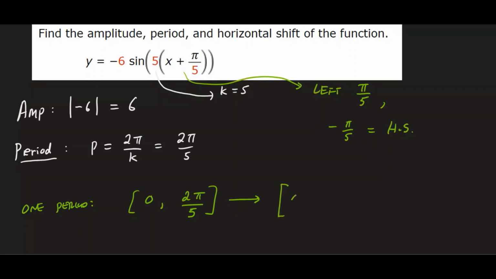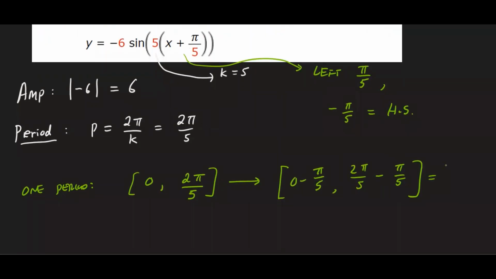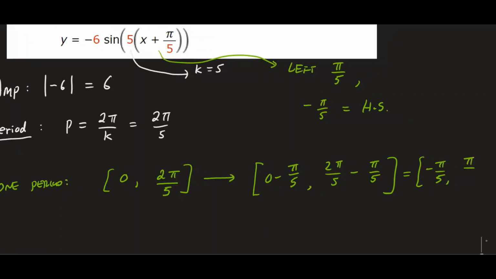So we have 0 minus pi over 5, and then 2 pi over 5 minus pi over 5. That will give us the interval where the graph will complete one cycle. That would be the interval from -pi over 5 to 2 pi over 5 minus pi over 5, which is pi over 5. So there you go, that's the interval where the graph will complete one period.